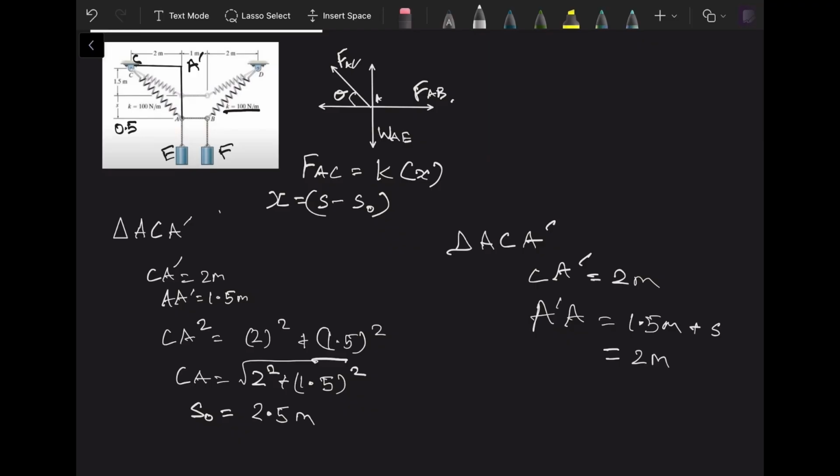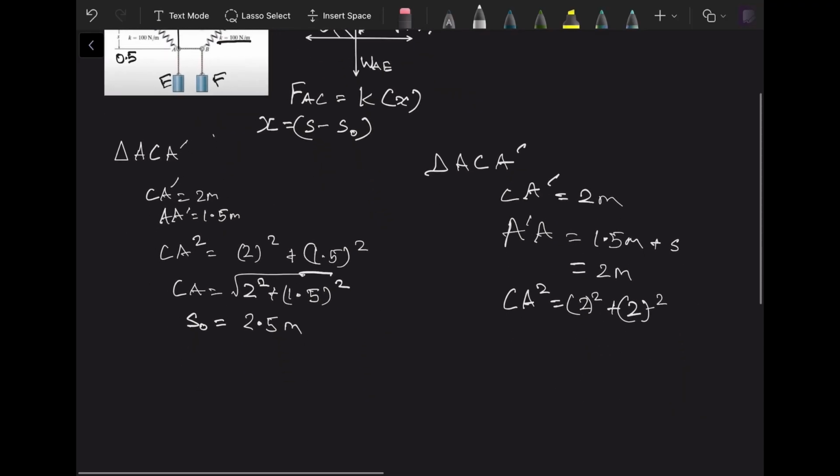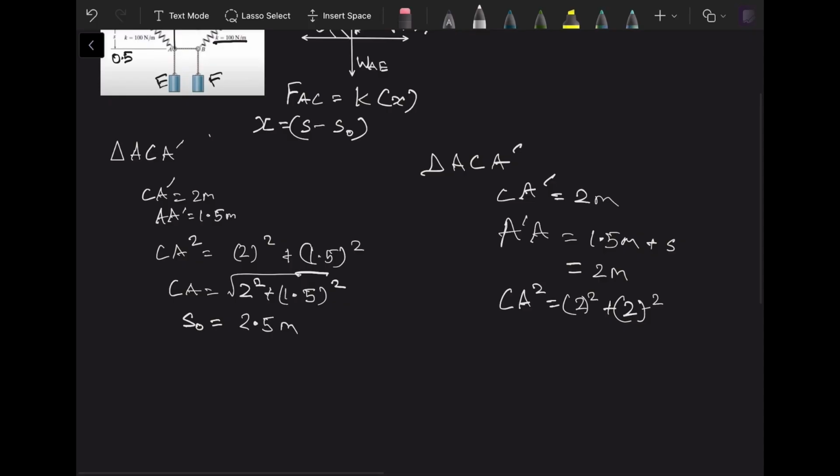Using Pythagoras theorem again, CA square equals 2 square plus 2 square. Taking root on both sides, we know that CA is S, so S equals root of 2 square plus 2 square. Using my calculator, it gives me S equal to 2.82 meters.